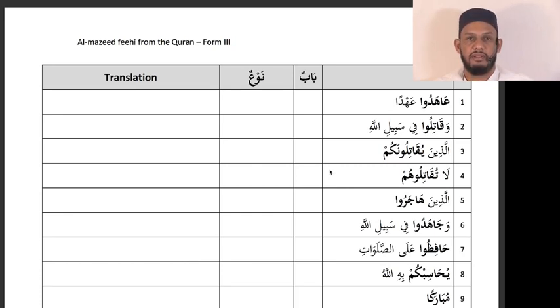Because هاجر, go down. هاجر هاجروا. الذين, those who هاجروا, those who immigrated. So your homework for Sarf, second year and above, is to memorize the scales that we've given you and to complete this worksheet. It will be good practice for you for next week, inshallah.